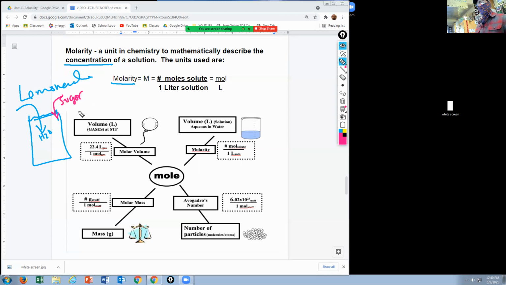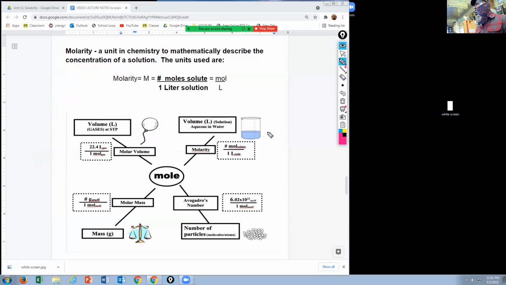So you have a couple of words. We'll talk about what it means to be concentrated or diluted, but you can adjust how sugary your lemonade is by either adding more sugar if it's not sugary enough, or if it's too sugary, you can add water and dilute the solution. And we're going to be talking about that. But the key word here is molarity, ladies and gentlemen. And molarity is given in the unit number of moles of solute, the salt, per liter of solution.